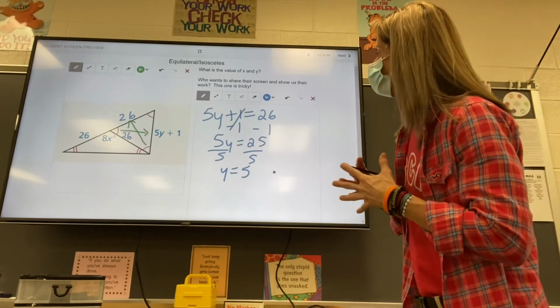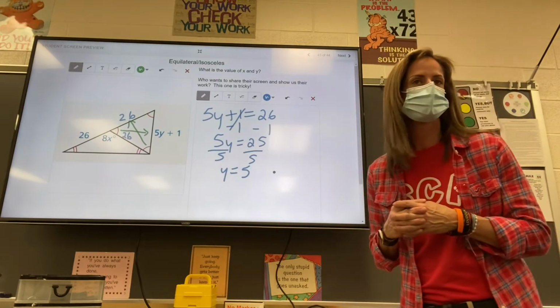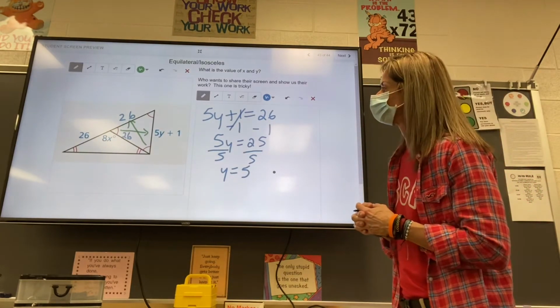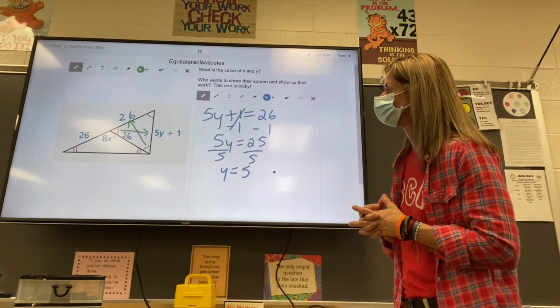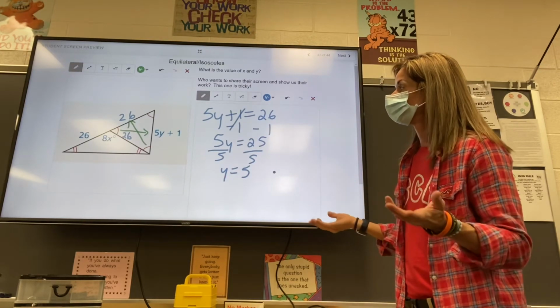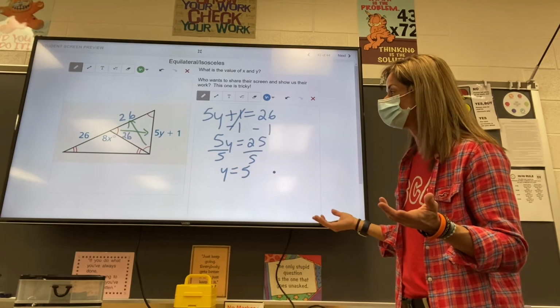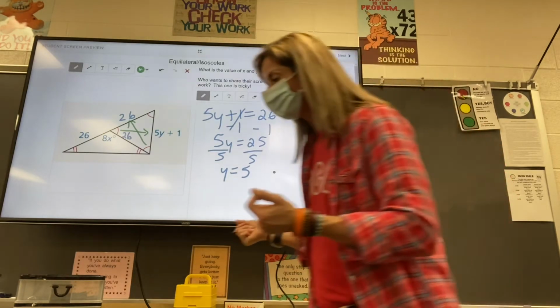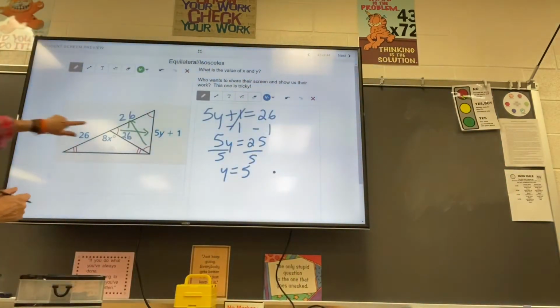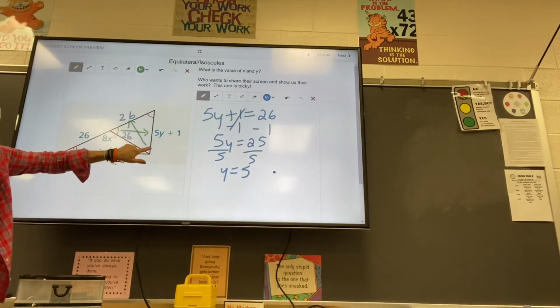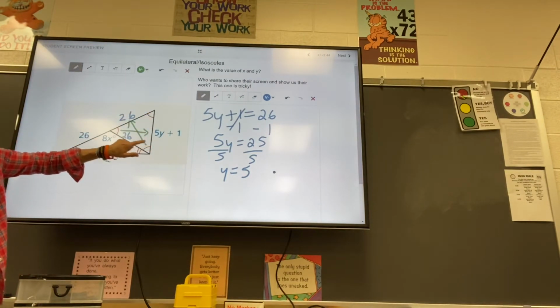So now we have to find x. Anyone have any suggestions? Do we know if all three of these angles are the same? What do the measures of each of those angles have to be?